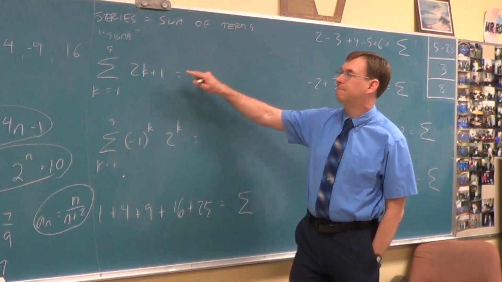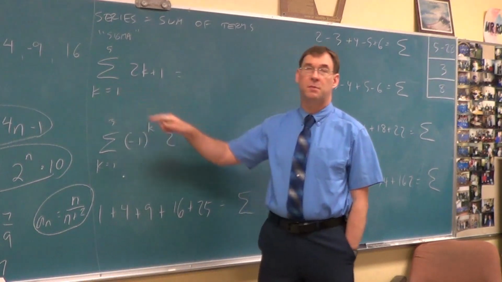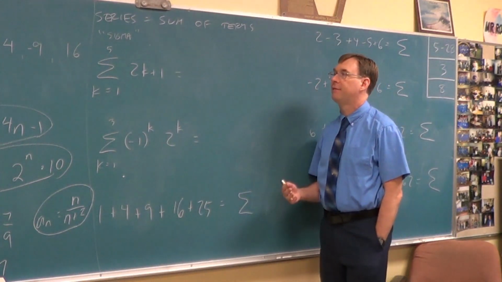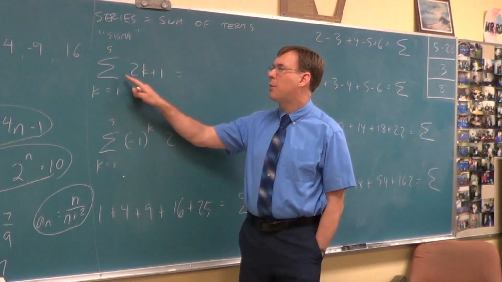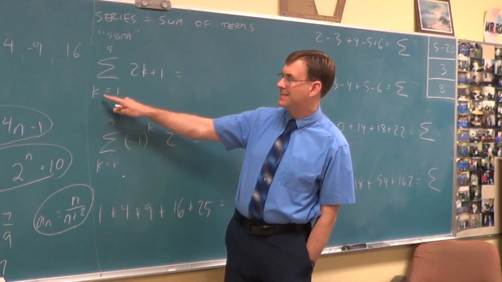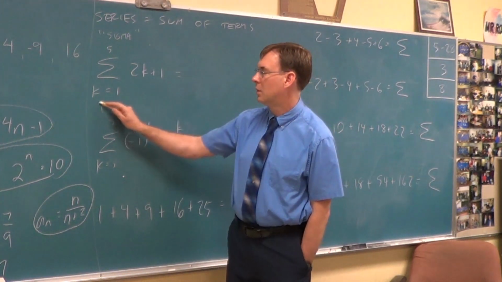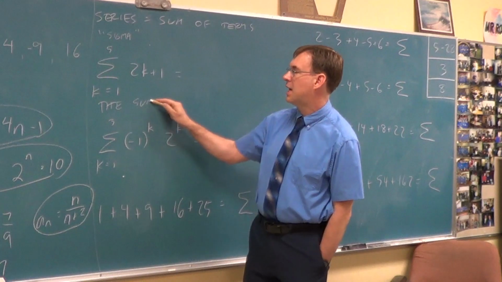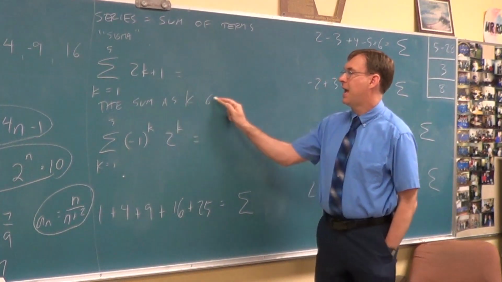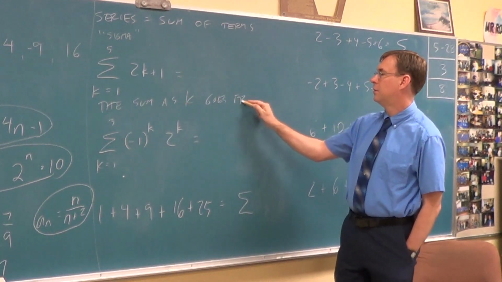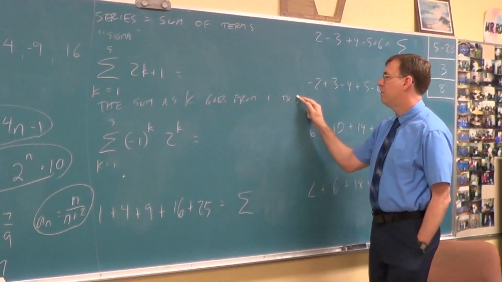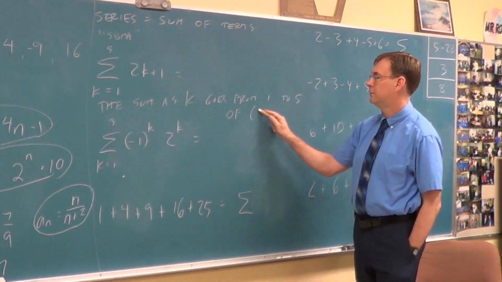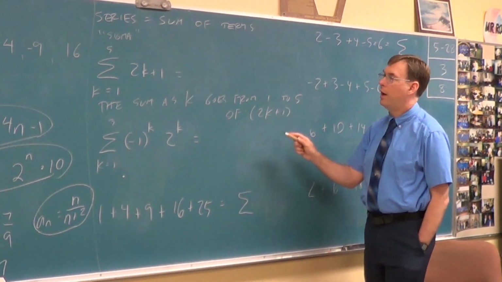But this is the letter sigma. Sigma just means you need to add up a bunch of stuff. The way I would read this, I'd read this as the sum, as k goes from 1 to 5 of 2k plus 1.